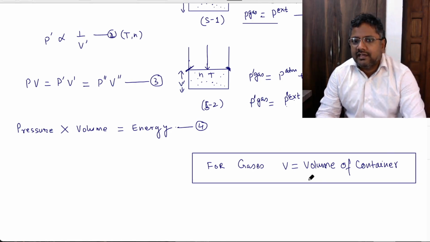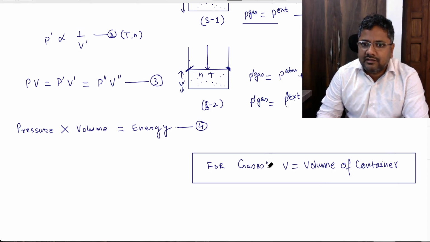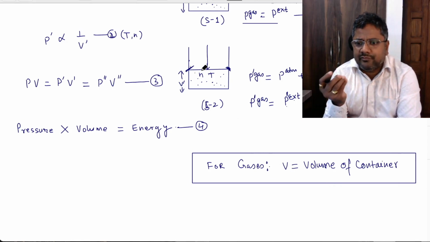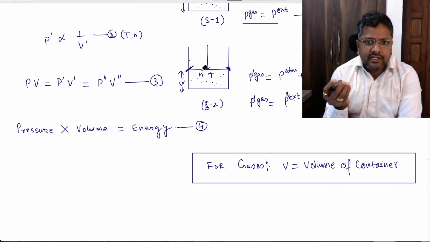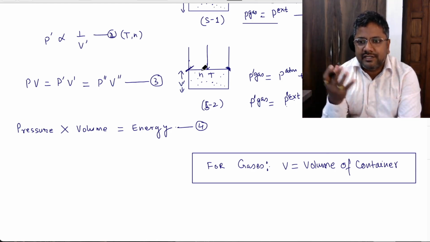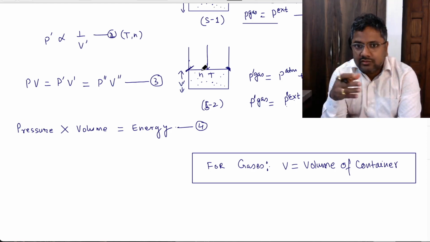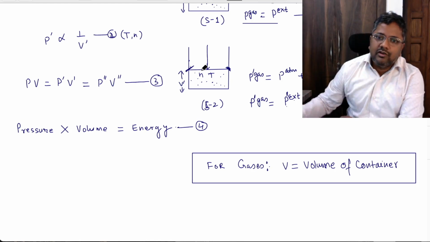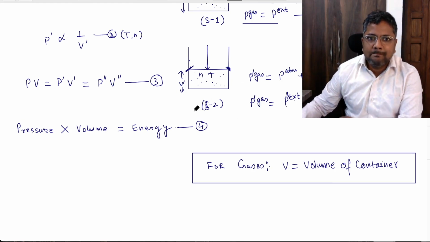Volume of gas has no such meaning here, because if you take any amount of gas and a large container, the gas will homogeneously mix and be present in the whole container. So every time we are reporting the volume of the container.